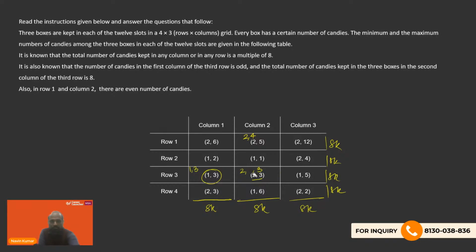So this has to be 2, 3, 3, so that this is 8. If any query, please feel free to ask queries.